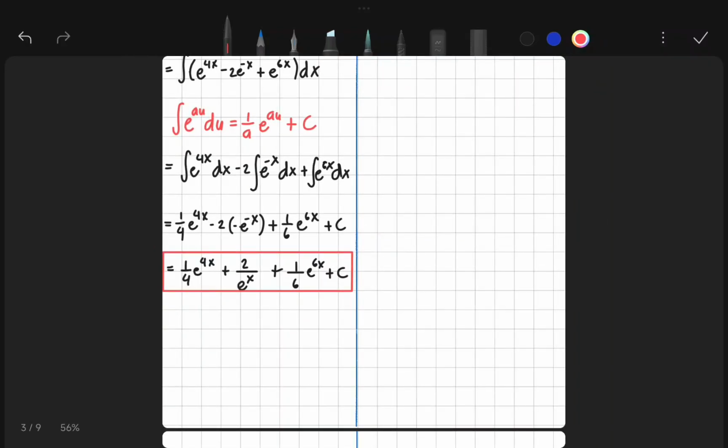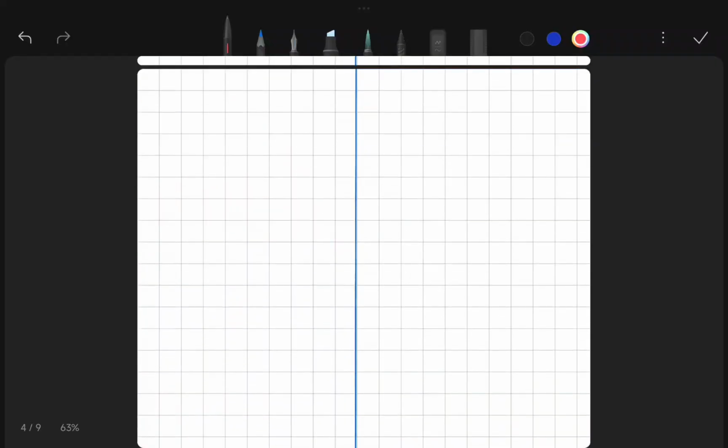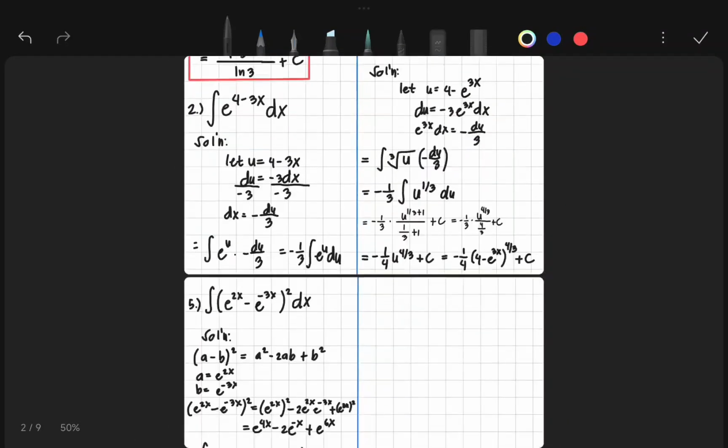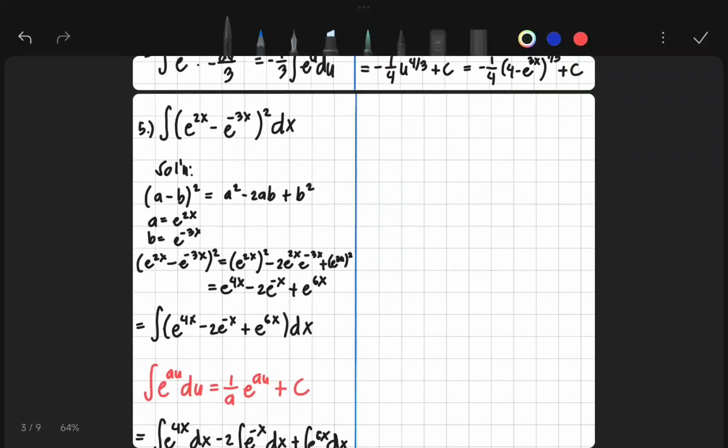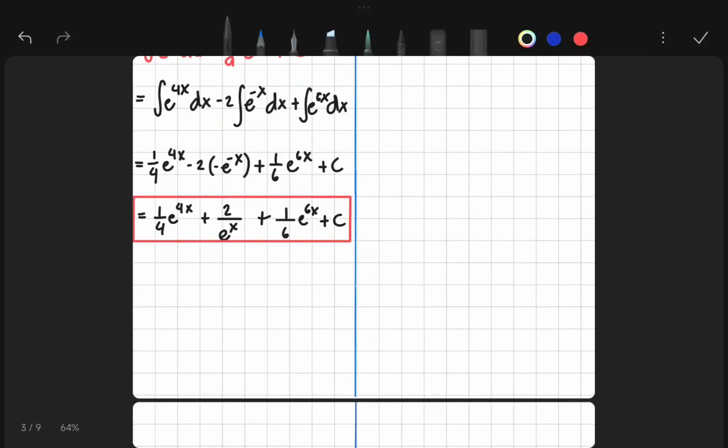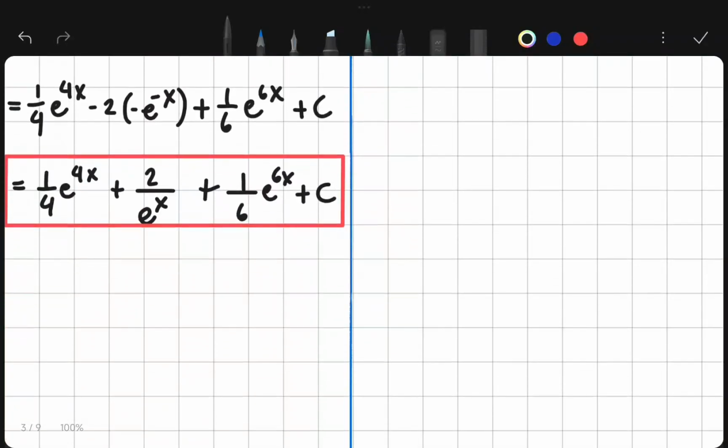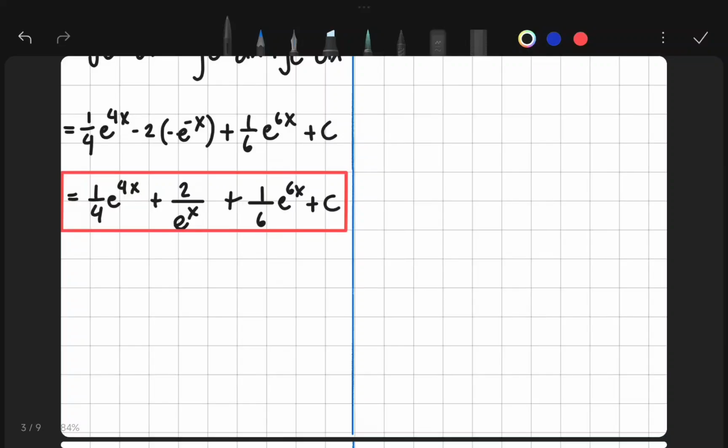Okay, let's go with our next item. That is number 6. So we have here the integral of 8 raised to 1 minus 2x squared times x dx.